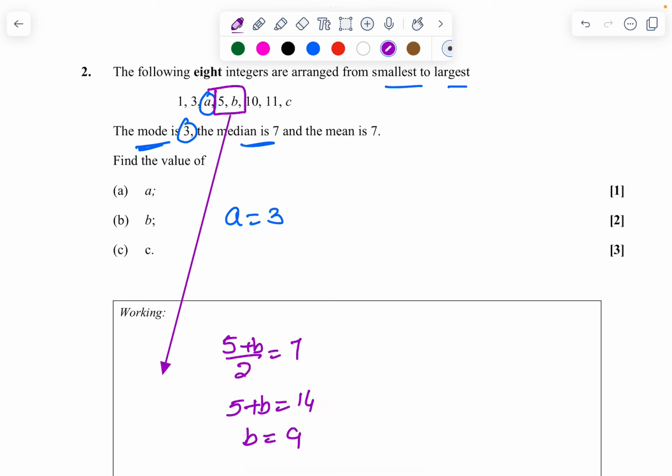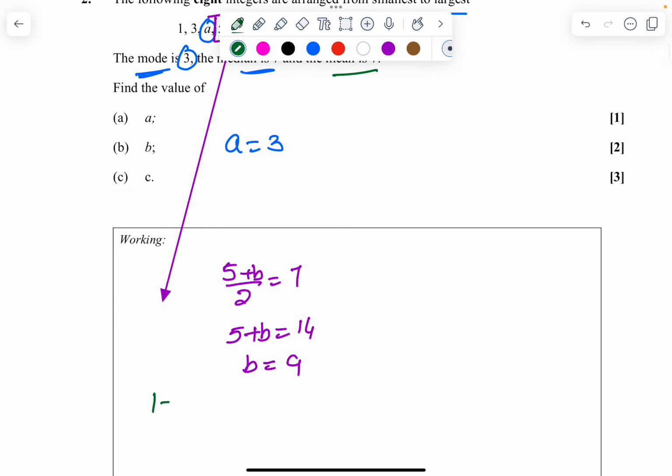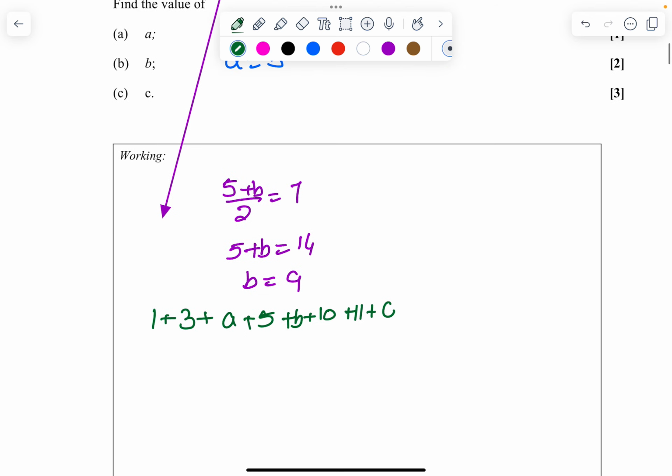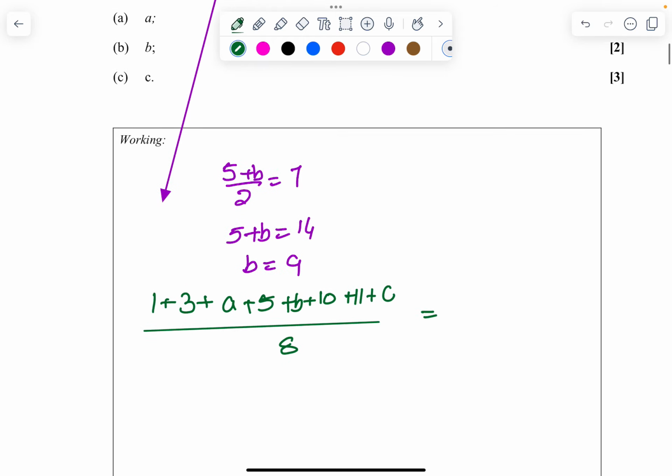Now, the mean is 7. Mean means nothing but what? Add all. 1 plus 3 plus A plus 5 plus B plus 10 plus 11 plus C divided by 8 should be equal to 7.